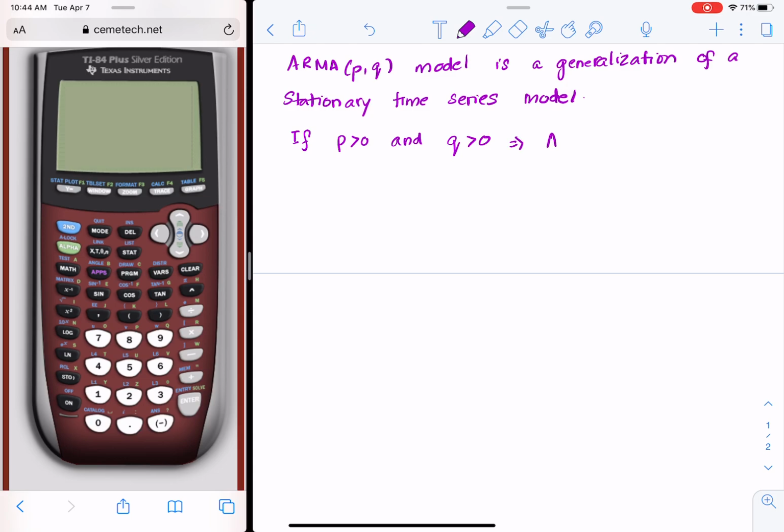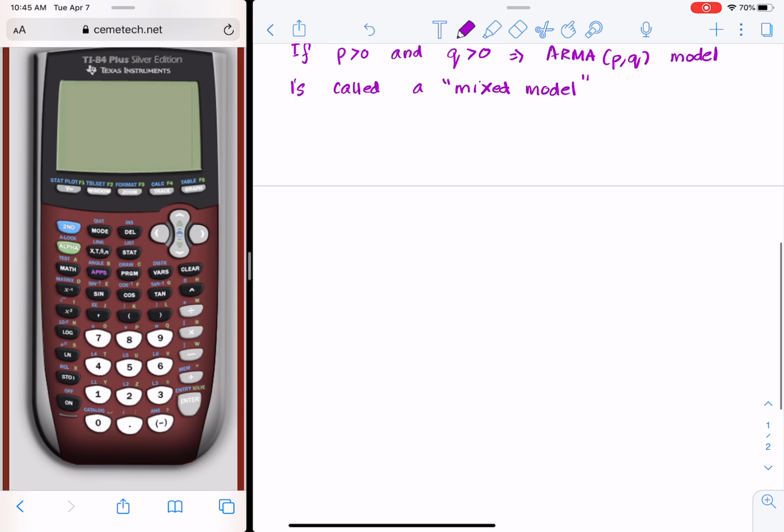Therefore, we call the ARMA(P, Q) model a mixed model, because we have both AR(P) and MA(Q) combined together.